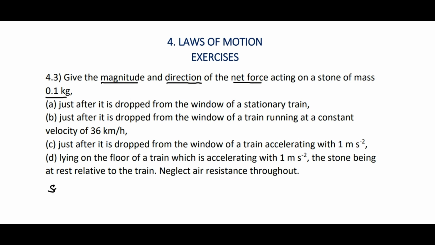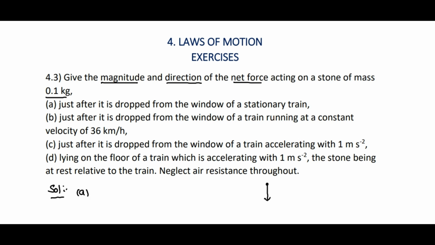Coming to the solution, here also we need to find out the magnitude and direction of the net force acting on the stone. Just after it is dropped from the window of a stationary train, the stone acts like a freely falling body.